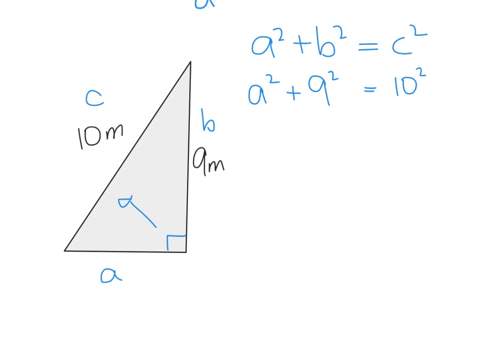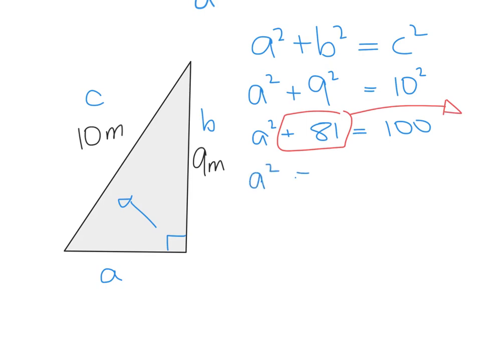Let's multiply that out now. So A squared plus 9 squared is 81. I'm having a nightmare today now. Equals 10 squared is 100. So again, I'm going to take this plus 81 and swap side, swap sign. Okay, so A squared is going to be 100 take away 81, so A squared must be 19.